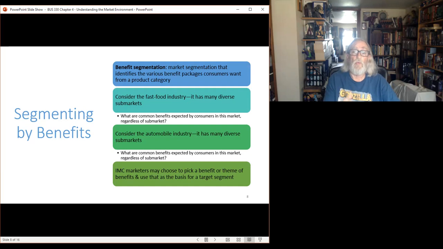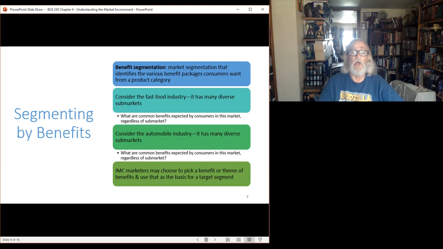And so we can say that we could advertise to consumers who like fast food without having to break it down all the way, although certainly when we show our product, it's going to show what category of fast food, but it could appeal because of common benefits across the board in that industry.